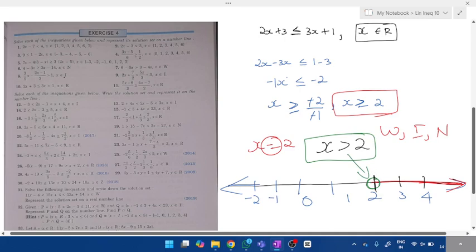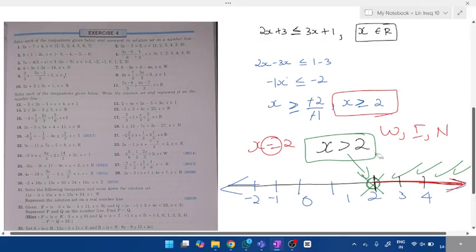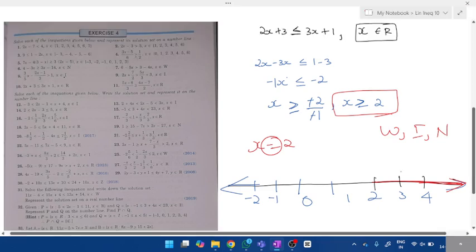It is greater, therefore hollow. A hollow circle indicates the value doesn't start from 2, it starts from 3, 4, 5, it goes on. That's the meaning of a hollow circle. For the other one it is full solid black, or you call it a darkened circle. So this is the final answer.